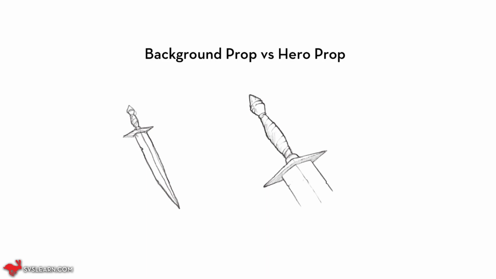I would probably do a close-up of the other end of the sword as well, but you can see here the background prop, not a ton of thought is put into the detail of it. It just needs to serve almost a perfunctory role of sitting in the background, adding ambiance. If it's a hero prop, you're probably going to see the hilt up close. You're going to see the handle, how it works.